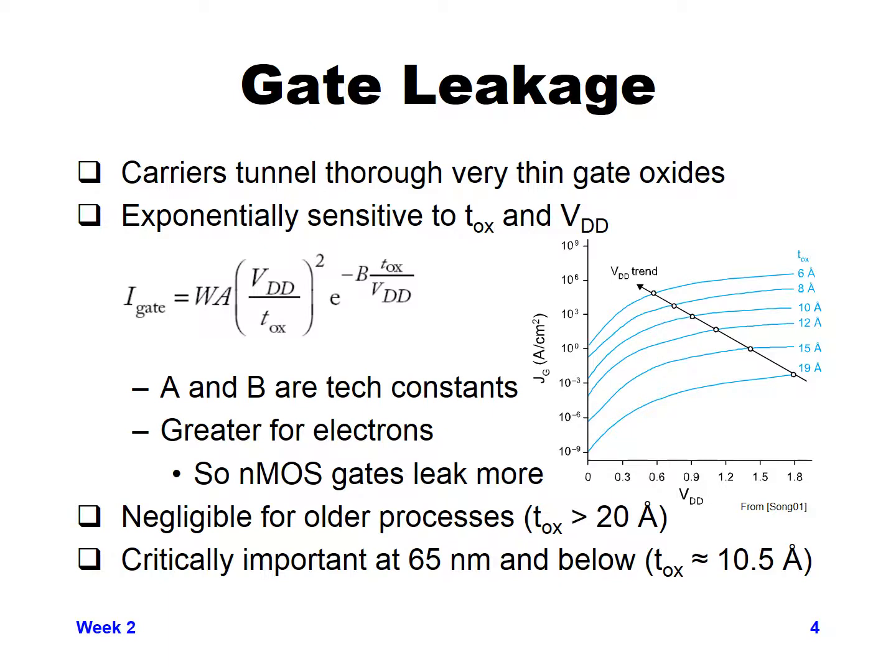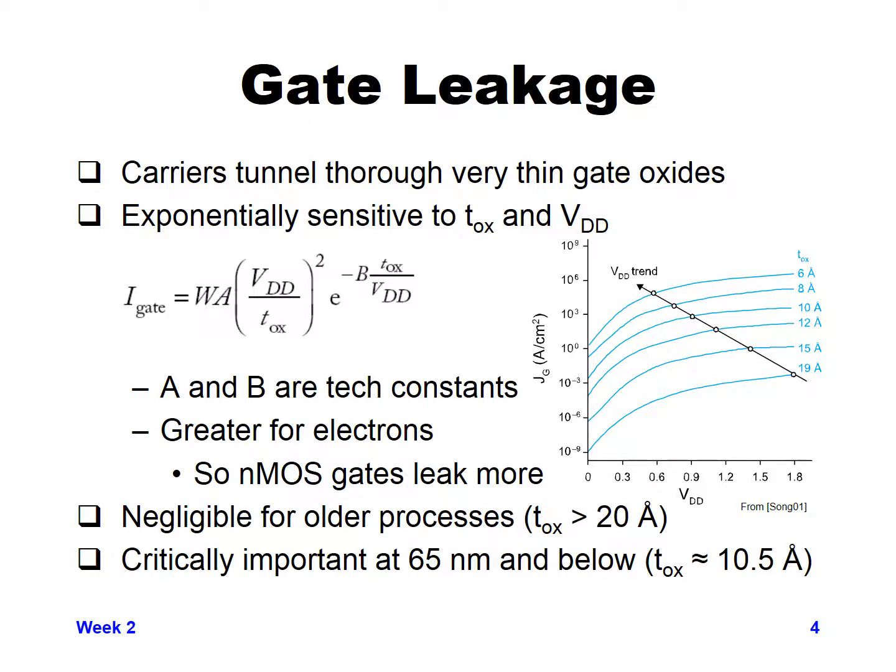And if you look at the equation below, you can see it's a fairly complex equation of how the current through the gate is affected by both VDD and TOX, but suffice it to say it's exponentially sensitive to both your oxide thickness and VDD. There's two other parameters in there, A and B. Those are constants that are based on your process technology. And another note is that the leakage is going to be greater for electrons than it is for holes.